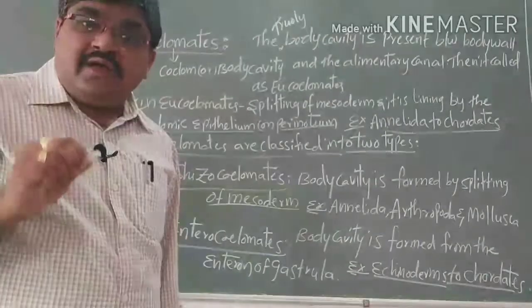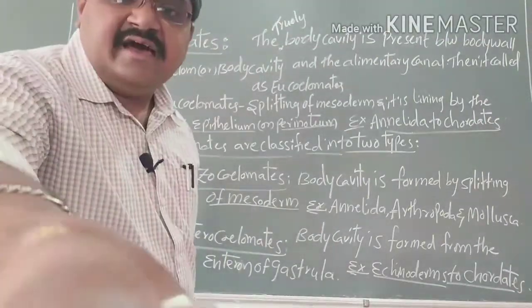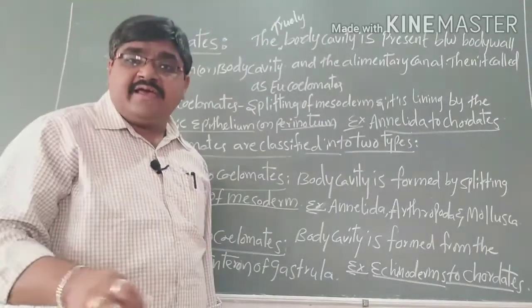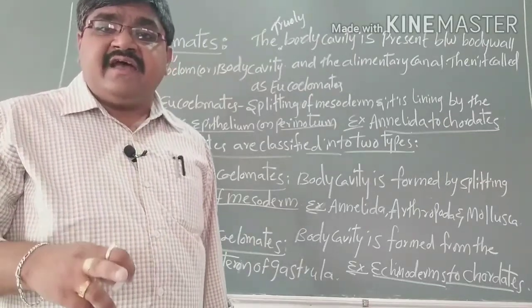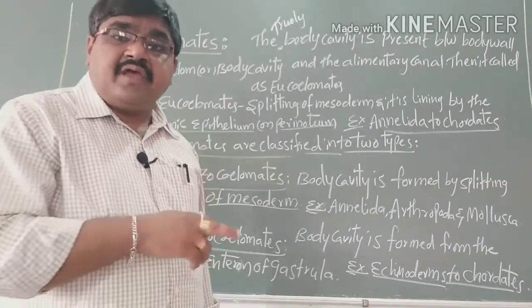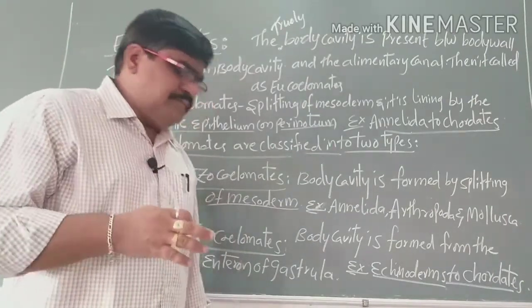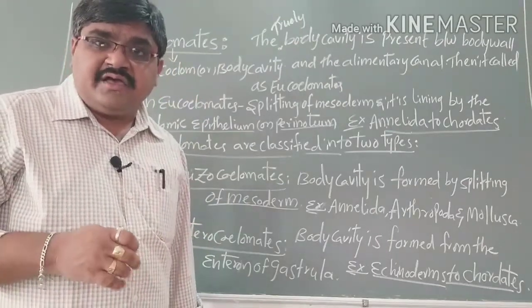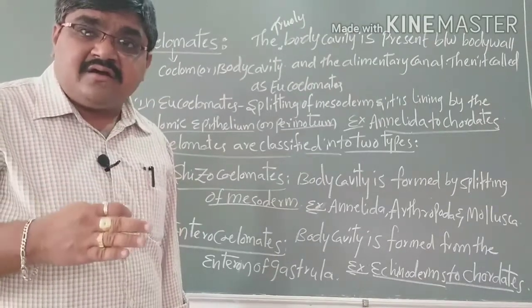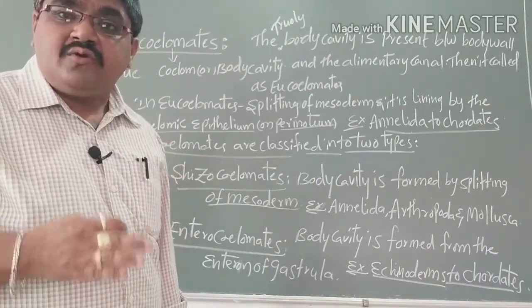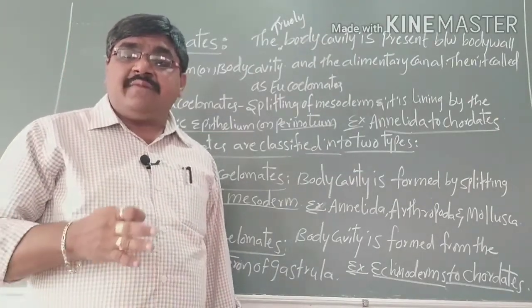But here a true coelomic body cavity is present and lined by the coelomic epithelium, so it is called eucoelomates. In pseudocoelomates, the coelom is not surrounded by coelomic epithelium, so it only looks like a cavity.